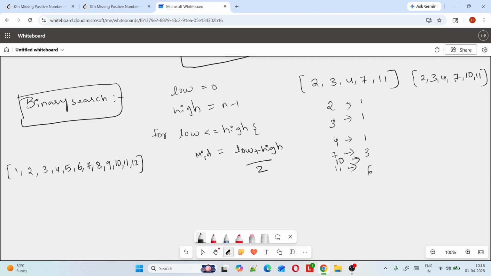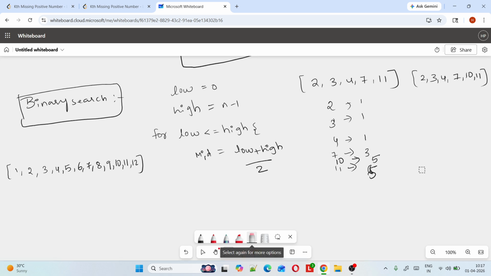That will be 8 and 9, so 2 extra, which makes it 5. And for 11 also 5. Let's write that properly.